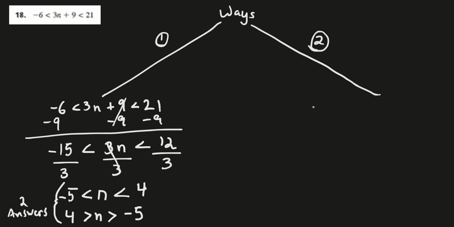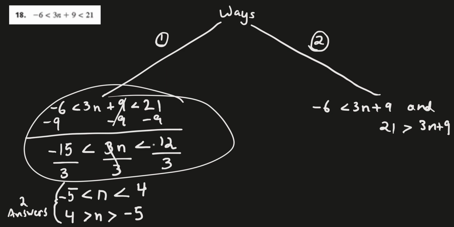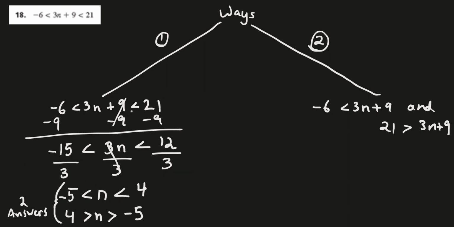So way 2 is actually not leaving it in this form, but rewriting it. Let's just split it into 2. So negative 6 is less than 3n plus 9, and then also 21 is greater than 3n plus 9. This is the same exact thing that we did here, except here we did it all at once.